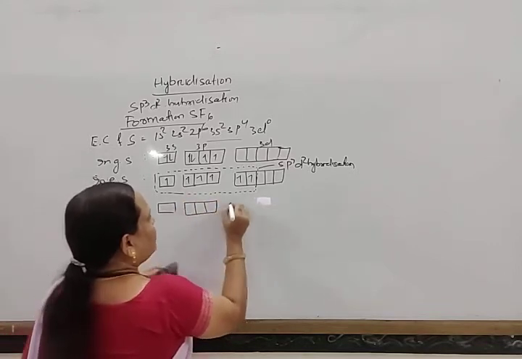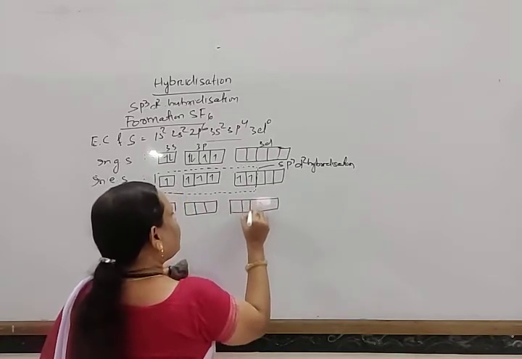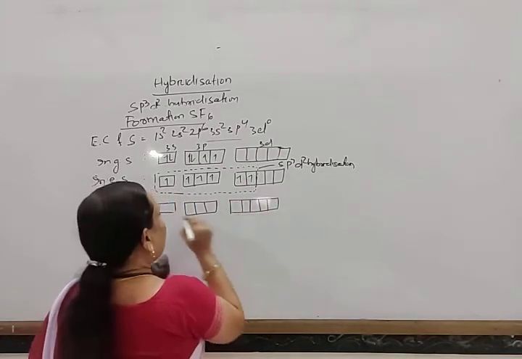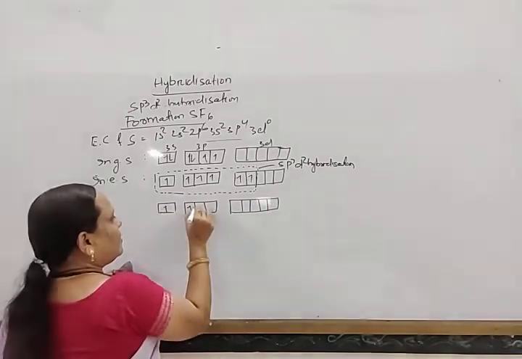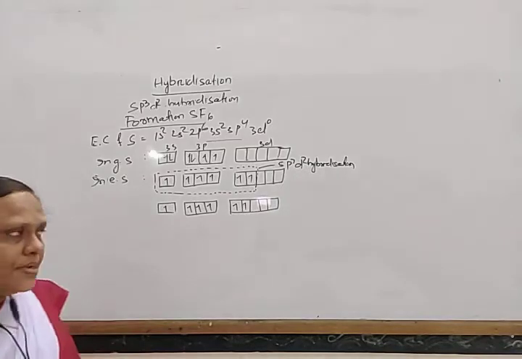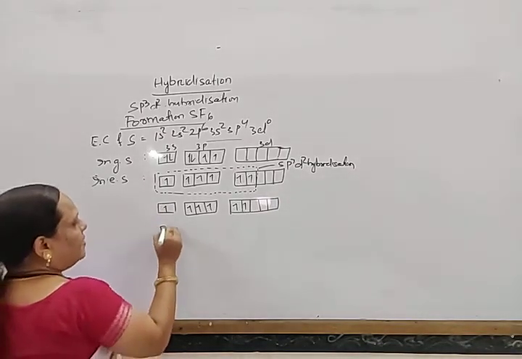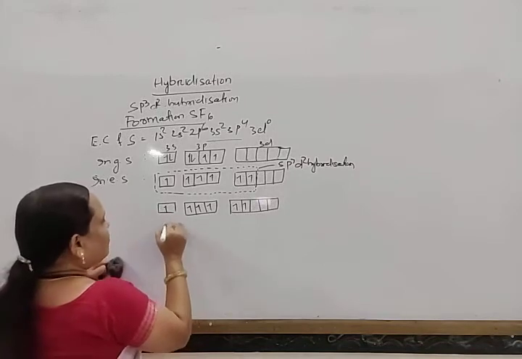These are the sp3d2 hybrid orbitals, and when fluorine is there, fluorine overlaps with them.